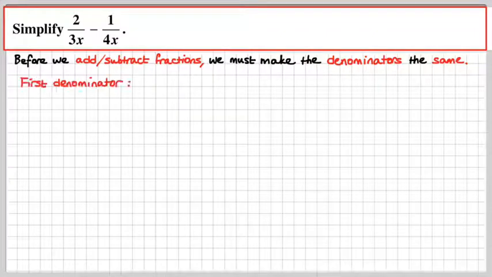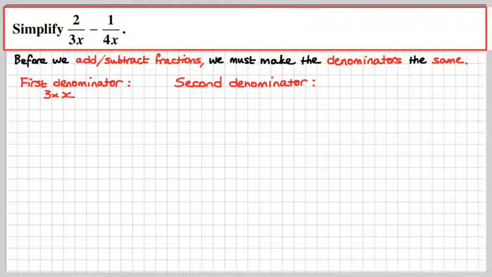So let's look at our first denominator. Our first denominator was 3 times x, and our second denominator was 4x, which isn't broken up into its finest prime number components. It would be 2 times 2 times x. Alright? Now let's go to our LCM. We take all of the first term there.